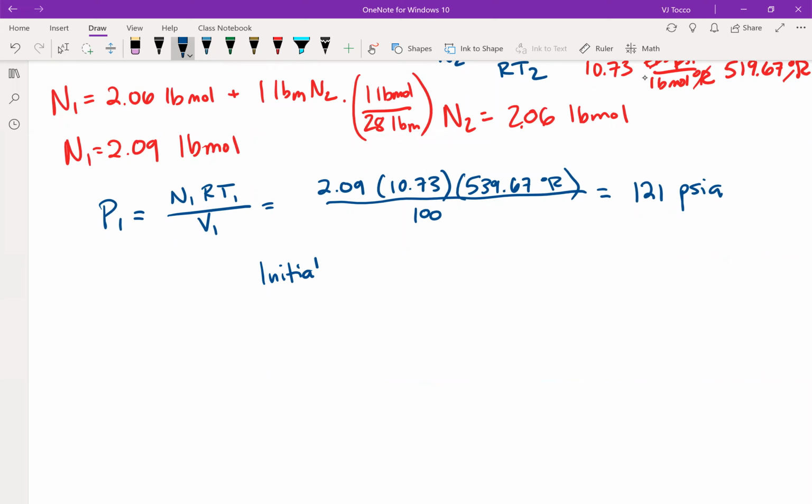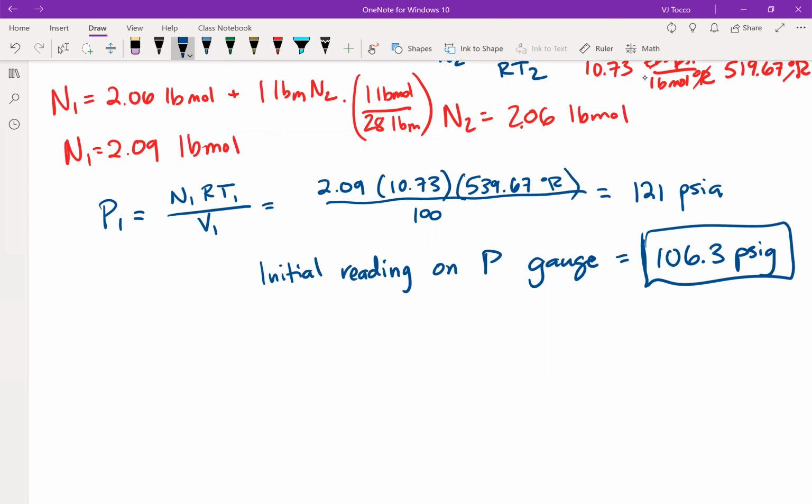So initial reading on pressure gauge, not temperature gauge, is 121. This is 0.02, by the way, if I wanted to carry out one more significant figure. Minus 14.7 is 106.3 PSIG.